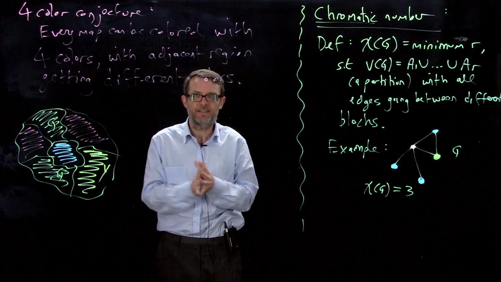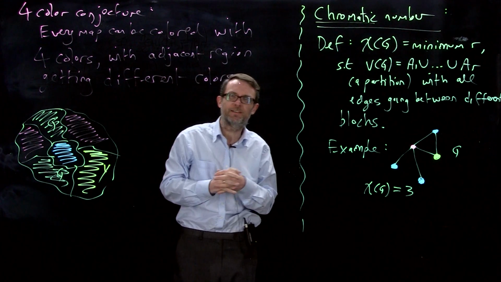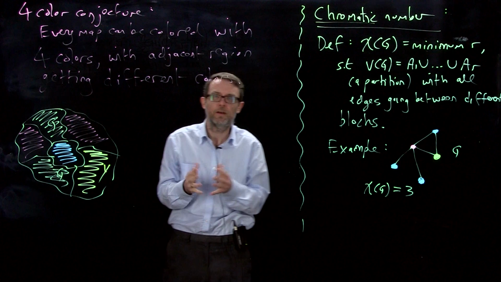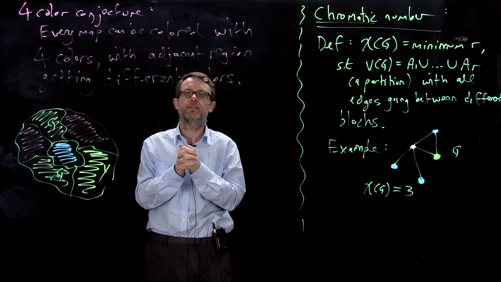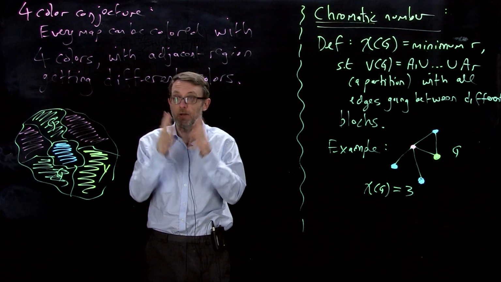By now this is accepted as not a conjecture but a theorem, but it's a conjecture and theorem with a very long and interesting history. And in the class notes I mentioned some references if you're interested in learning more about this problem.